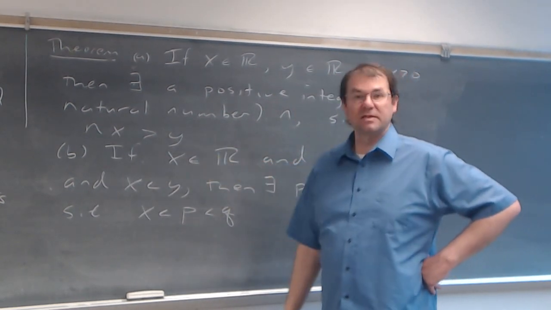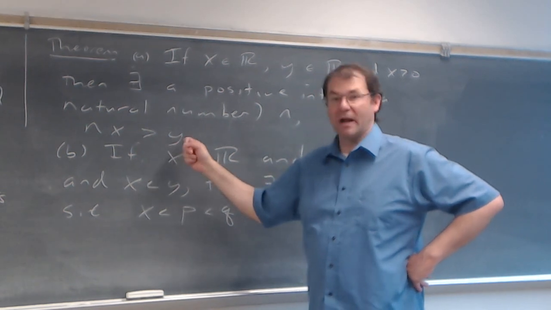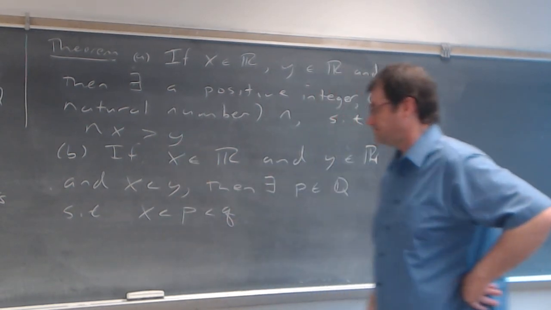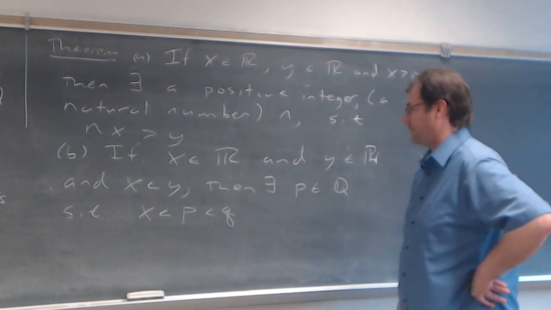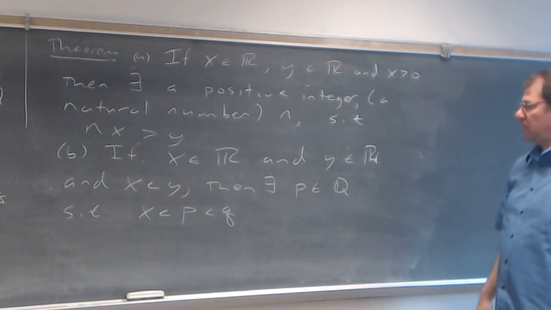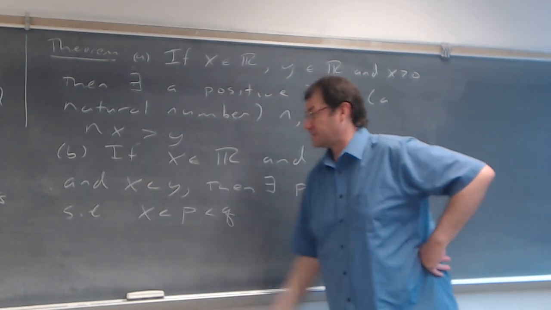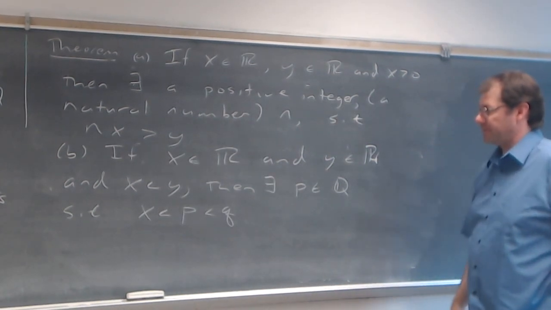So y isn't an upper bound for the real numbers, no matter what y you give me. Unless I can get a real number bigger than that, it'll have this form: a positive number times a natural number that I get bigger than that.